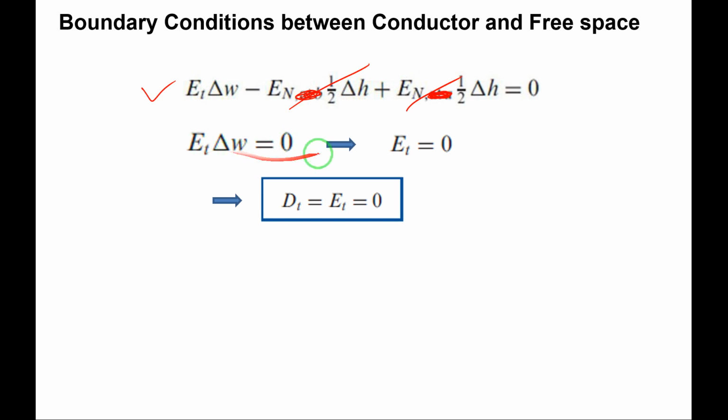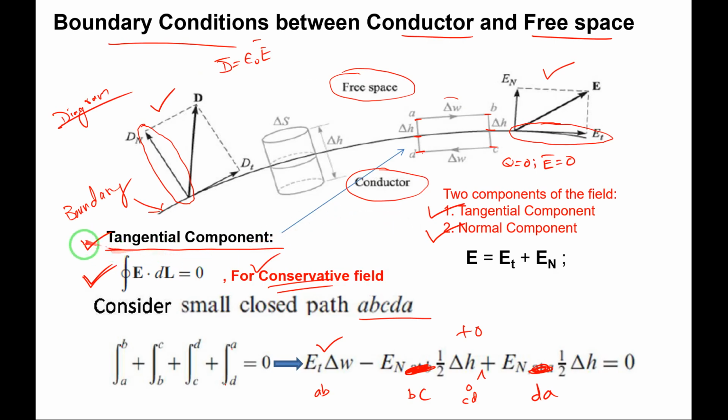Take this delta W to this side, so Et equal to 0. If Et is 0, we know the relationship between D and E, so D equal to epsilon E. So if Et is 0, Dt should also be 0. So finally we got the boundary conditions: Dt equal to 0 and Et equal to 0. This means we have derived the boundary conditions for the tangential component.